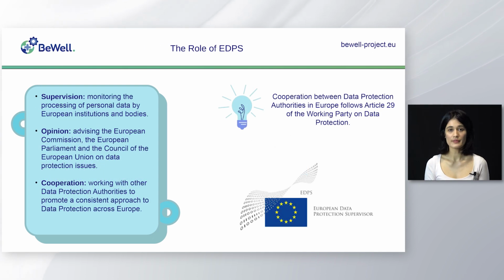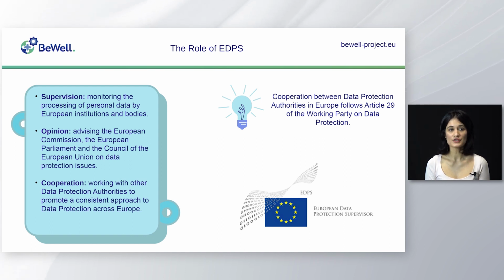The role of the EDPS. Here are some of the key activities that the EDPS performs in practice. 1. Monitoring compliance with data protection regulations by EU institutions and bodies and enforcing action if it finds any violations of data protection rules. 2.